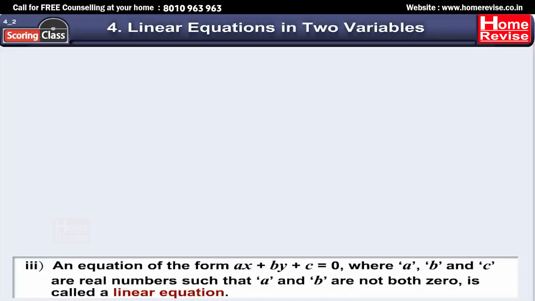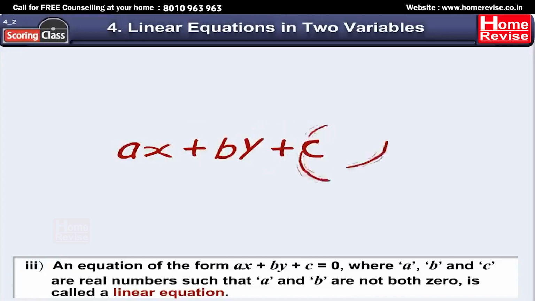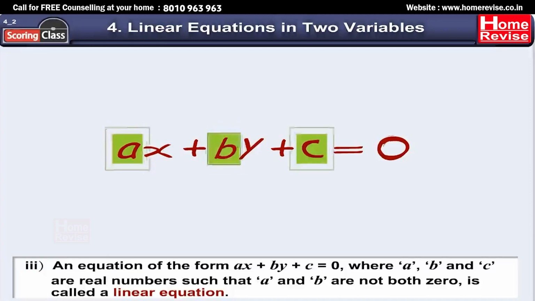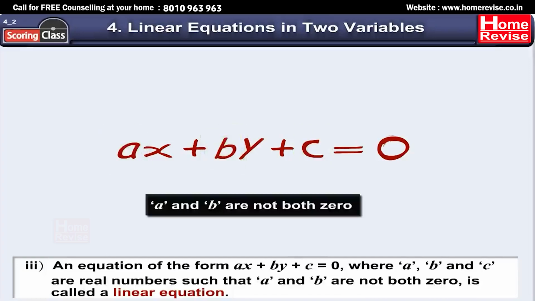Number 3. An equation of the form ax plus by plus c is equal to 0, where a, b and c are real numbers such that a and b are not both 0, is called a linear equation.